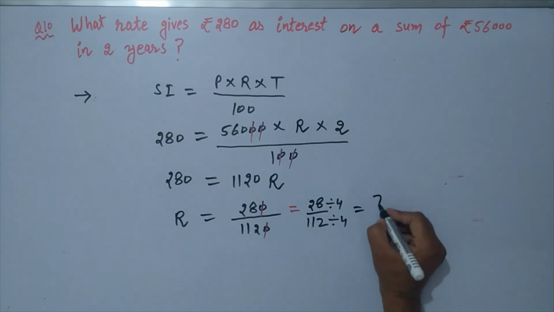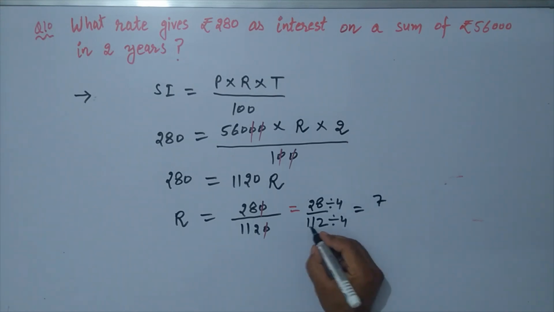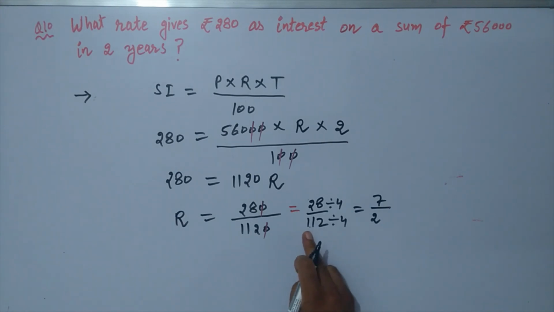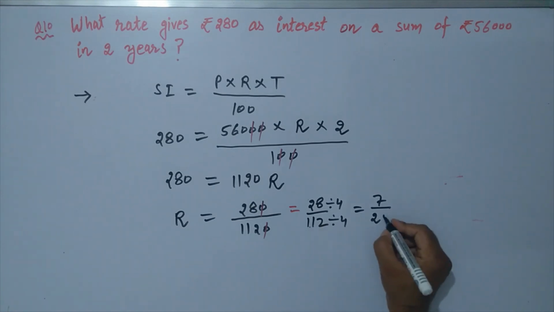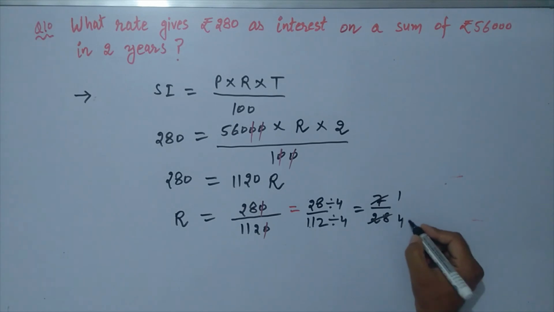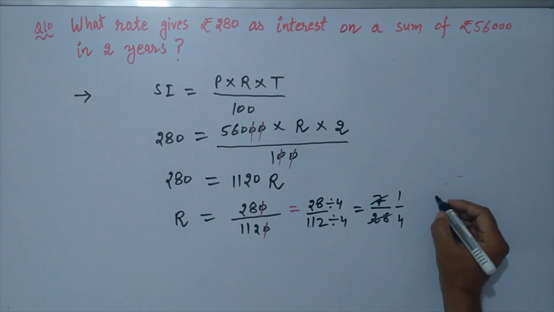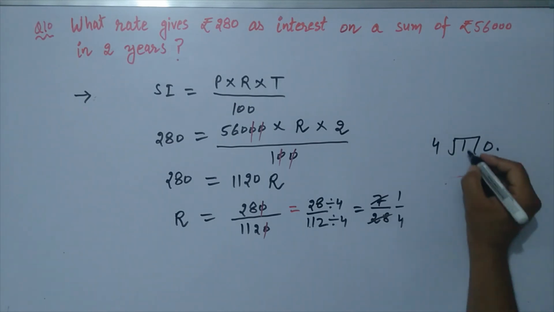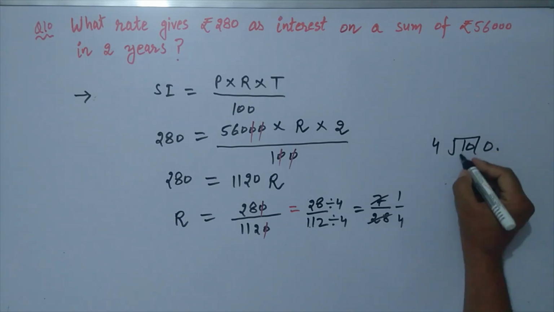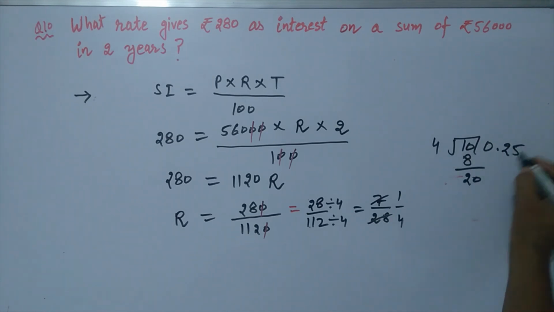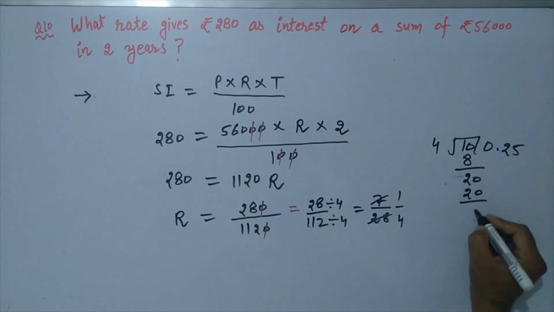This becomes 7 over 28, so 1 divided by 4. 0. 4 twos are 8, 4 fives are 20.